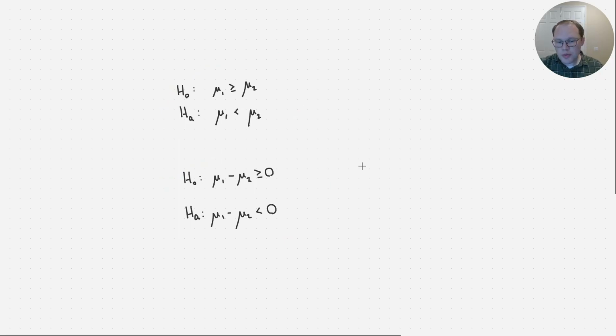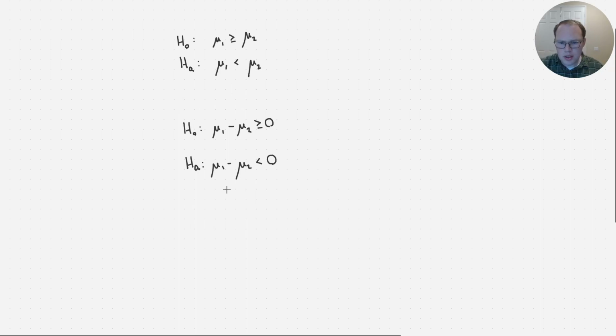So the trick here is that instead of thinking of this as two distinct populations, we are going to create a new random variable that will define our sampling distribution, which is just going to be the mean of the sample from the first population minus the mean of the sample from the second population.